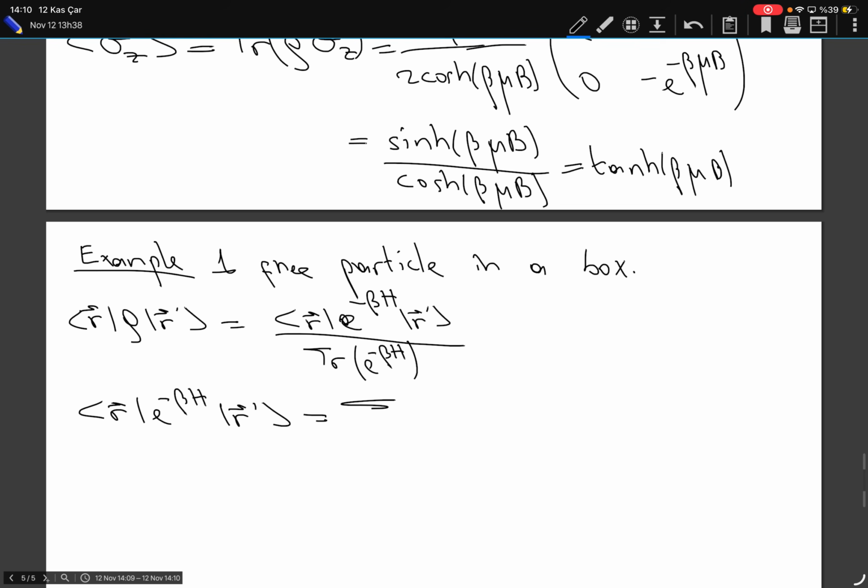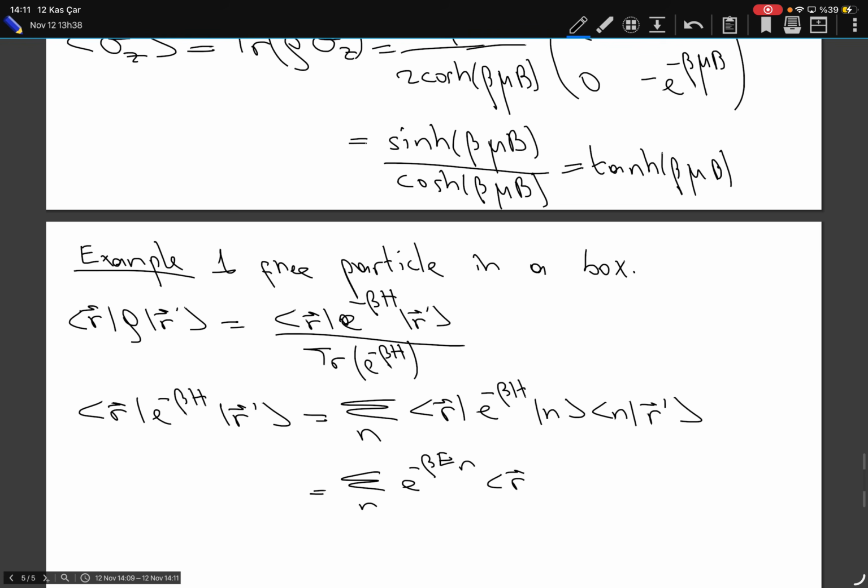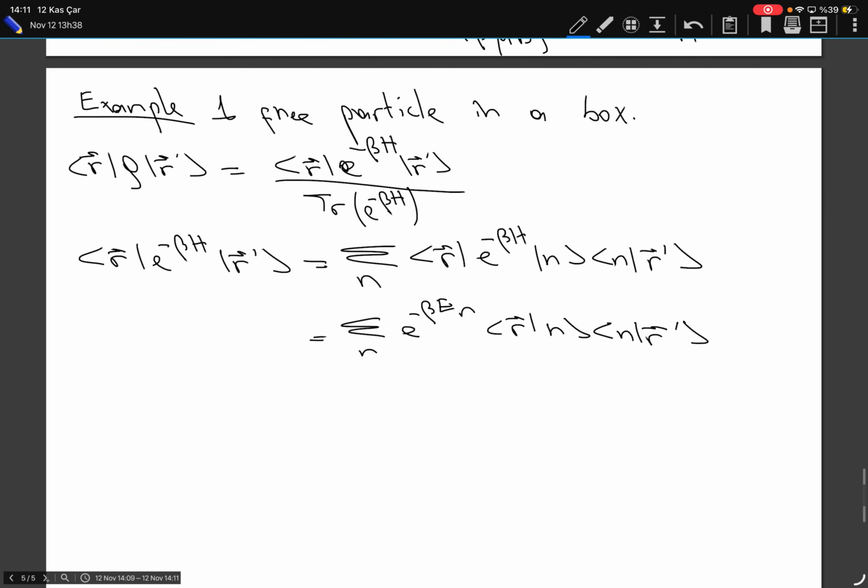So I can insert a complete set of energy eigenstates, with e to the power minus beta E n.